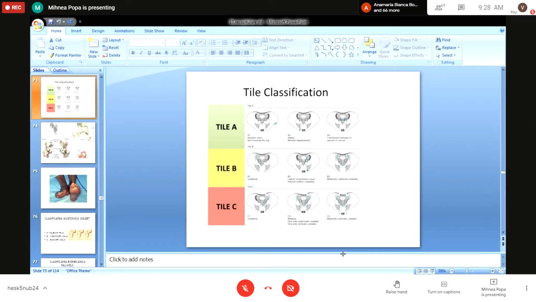All these types of fractures need a surgical intervention because it is the only way to reduce them. You can do a surgical intervention in emergency. You just use an external fixator or a C-clamp just to reduce it so the patient doesn't bleed out. But in a second operation, you can use plates and screws to reconstruct it as well as possible.